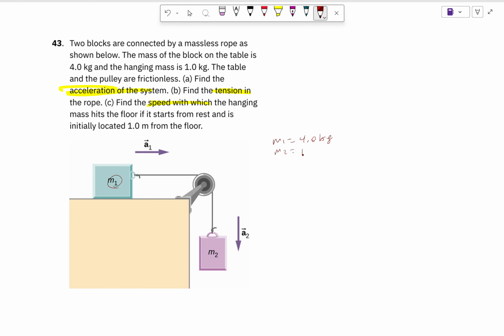M2 is 1.0 kg. And then gravity, of course, don't forget gravity, 9.8 meters per second squared. That's the three givens that we have so far from that alone. We also have this one, but that's only for C, so we're not there yet.